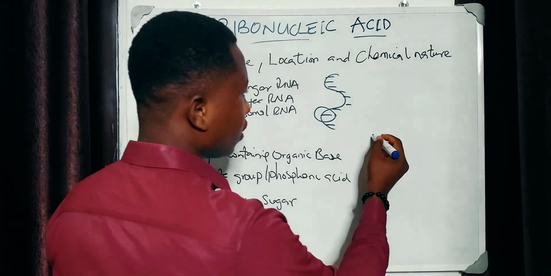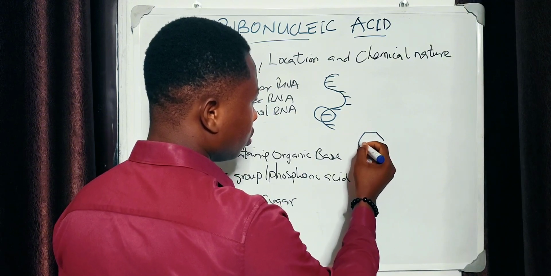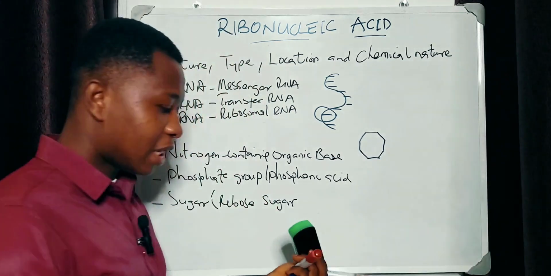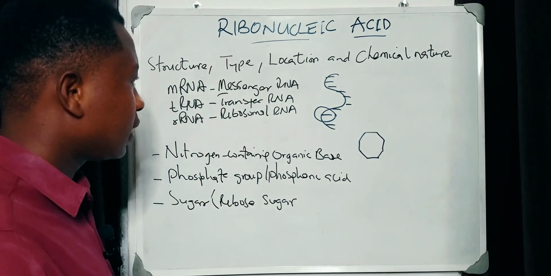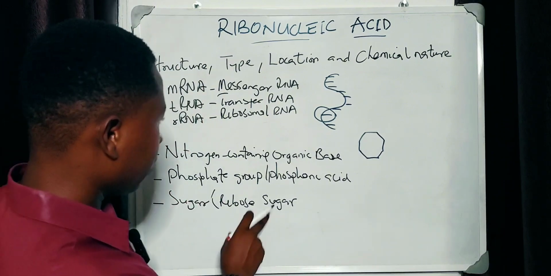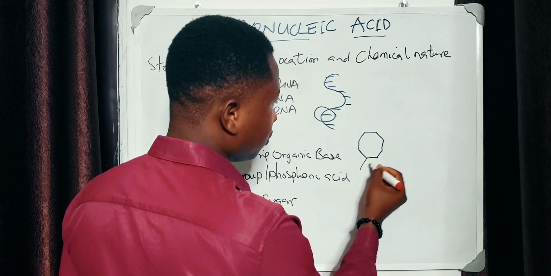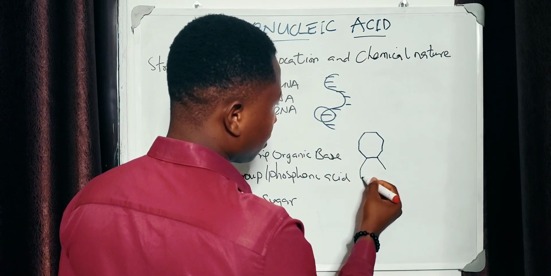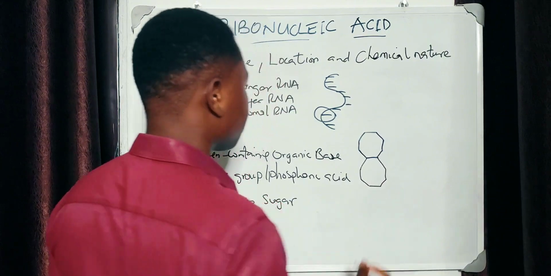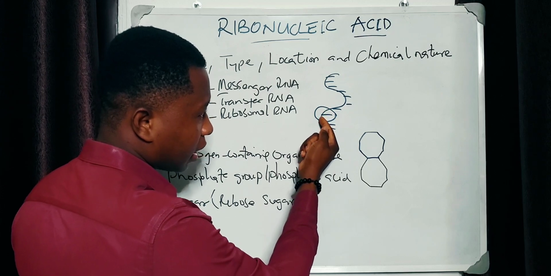So let's assume that this is the phosphate group. Let's assume that this is phosphate, and we have what else? The ribose sugar. We have the ribose sugar here, which is this strand here.